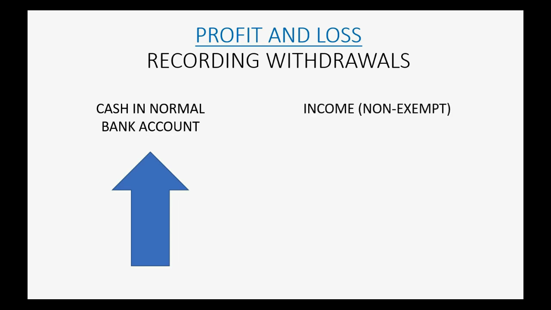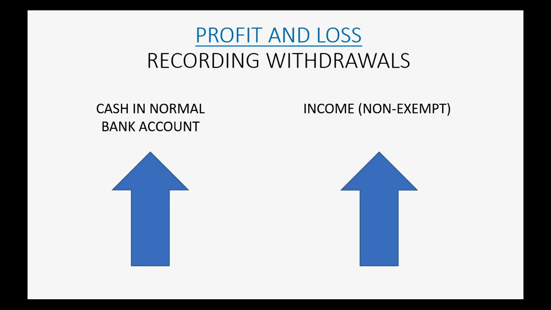But you also have an increase in your taxable income because any money you had previously deducted when putting it into a retirement fund will count as income at the moment you withdraw the money. So once you withdraw money from a retirement fund, your cash in bank goes up because you put the money in your normal bank account, and your taxable income also goes up.